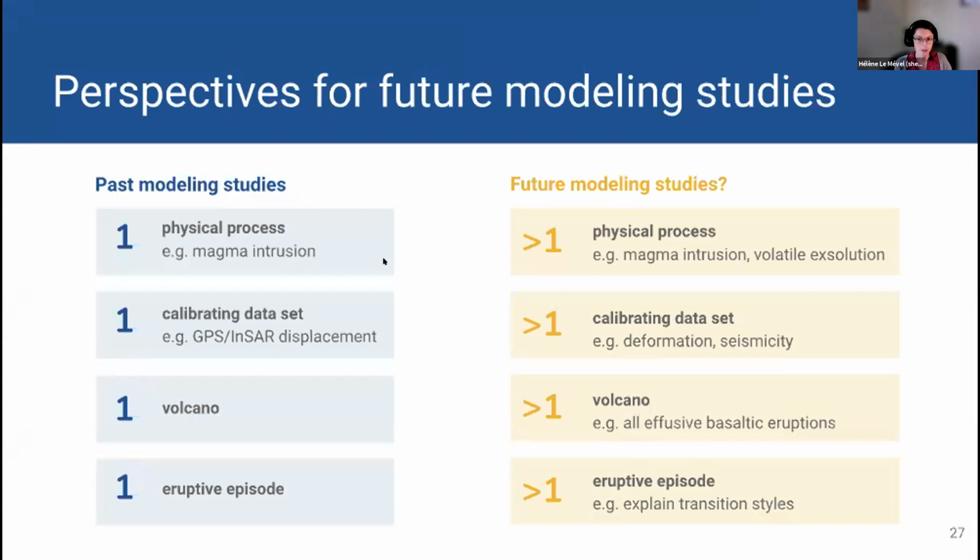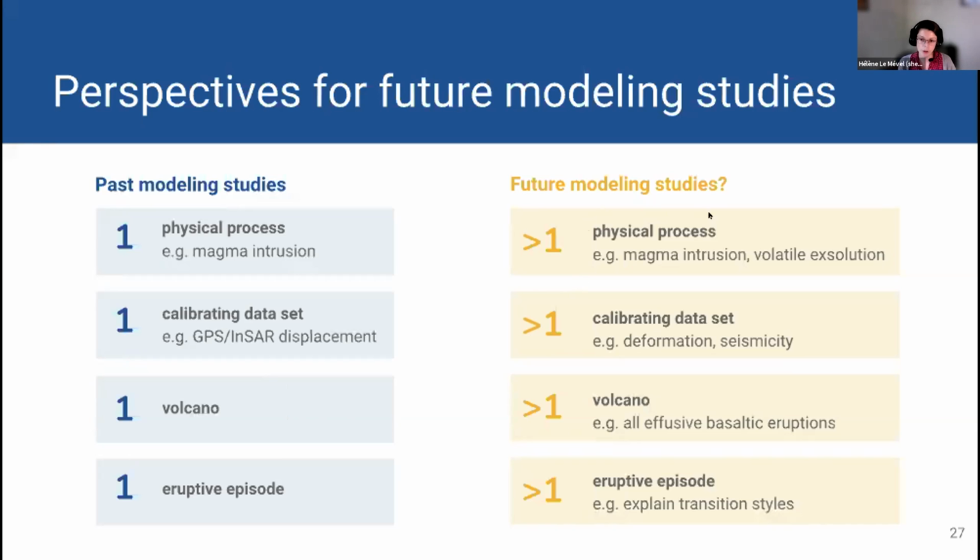The fact that a lot of past and current studies focused on modeling one physical process, for example, magma intrusion, usually using one calibration data set, for example, displacement, at one specific volcano, and usually over one eruptive episode. And we have made a lot of progress in understanding some of the mechanisms driving deformation using these studies.